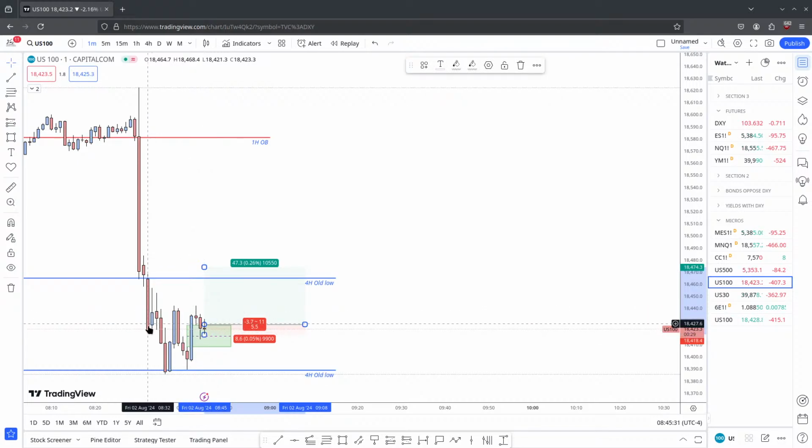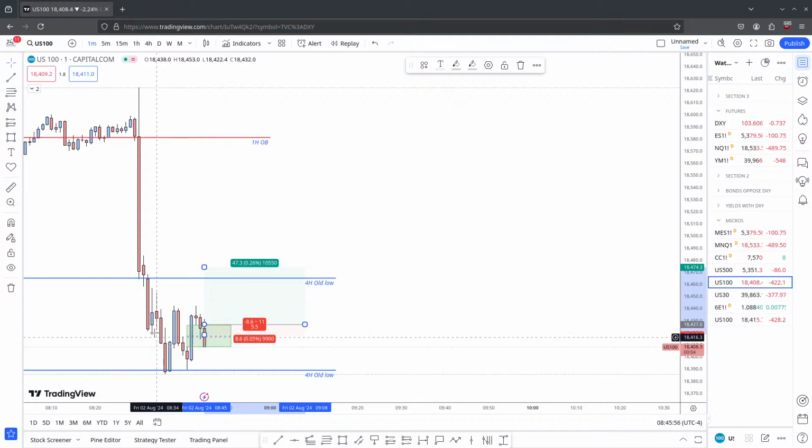We do have this low here, higher low. Scenario, we took out liquidity. Wouldn't really see that as, I don't know, I wouldn't count that as a high probability breaker block.